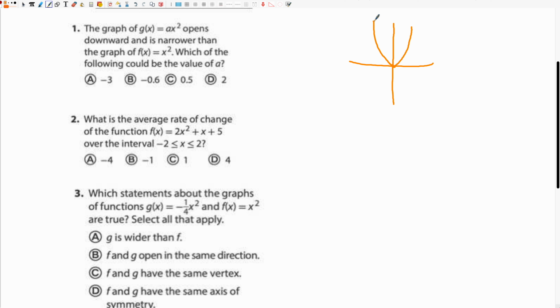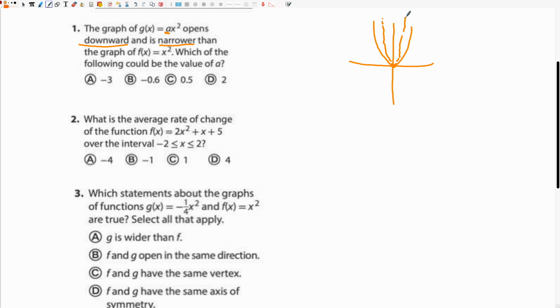So what is special about this a value for g of x that relates to what they're asking? Okay, since it opens downward, we know that a has to be negative. And since it is narrower, what does that mean, do you think? It means it had to be greater than one. Narrower would be like, it does this right here, right?